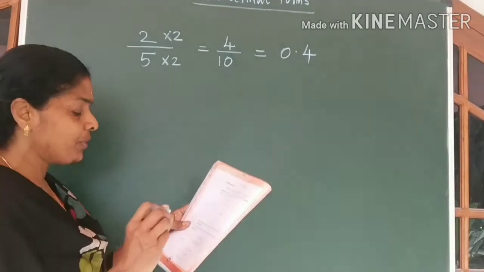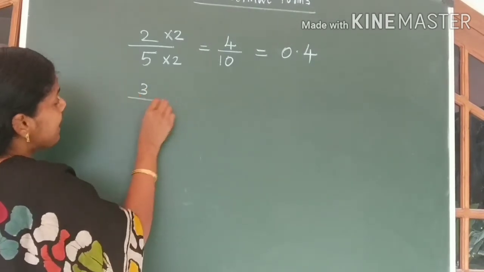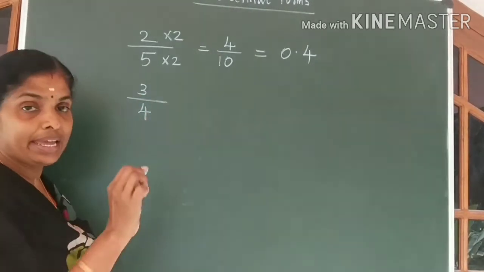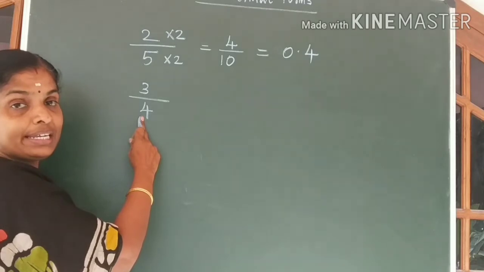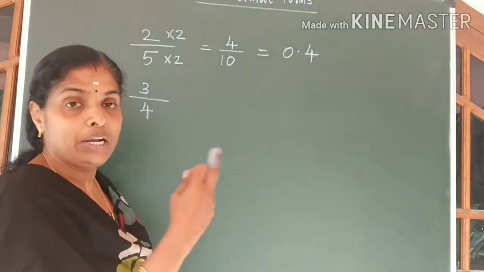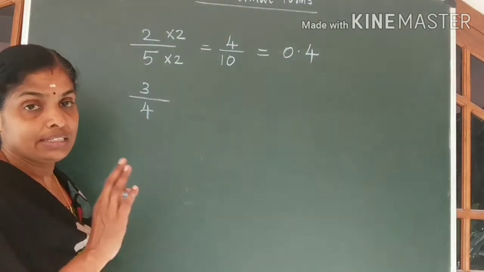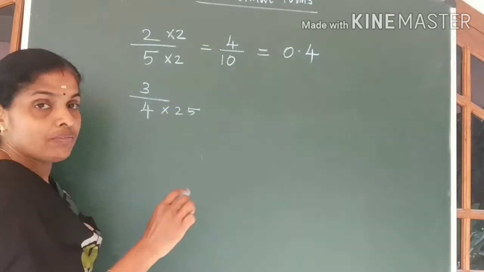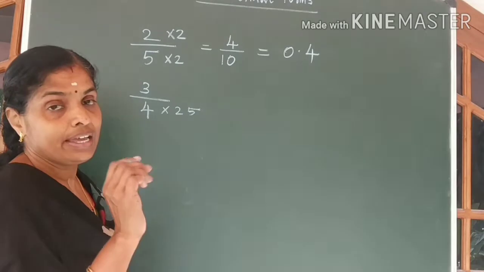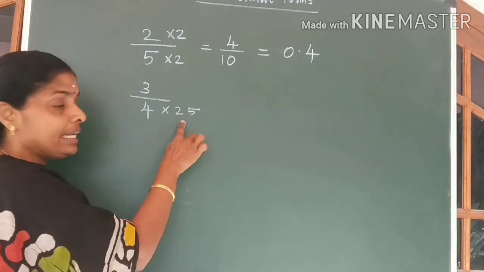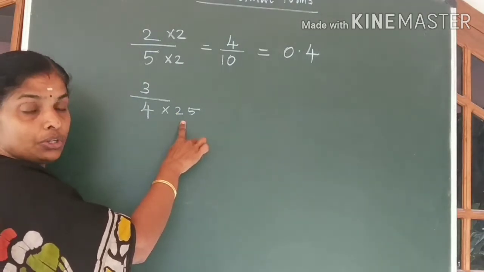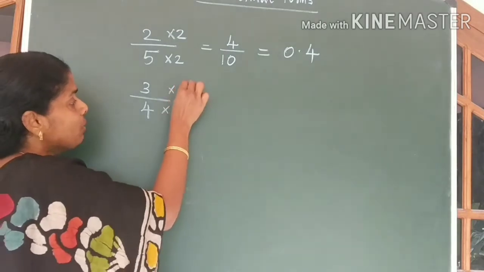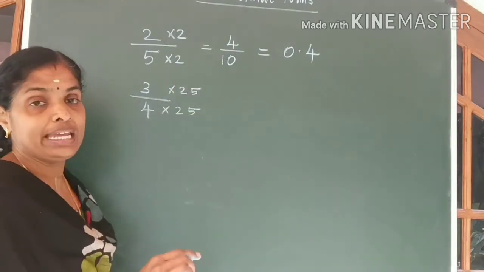In your textbook you are given 3 by 4. Now again 4 can be converted into a multiple of 10. That is, if you multiply 4 with 25, you get 100. Can you multiply only the denominator? No. You have to multiply the numerator and denominator.